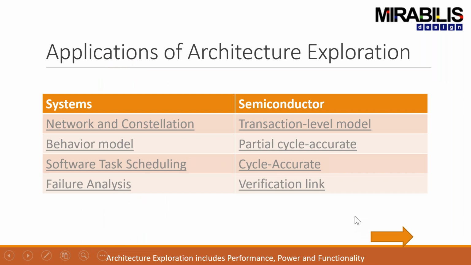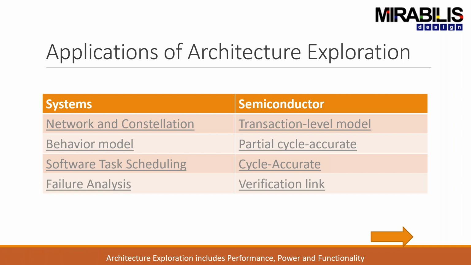Now, one of the questions that's always asked is, do I just do things in isolation? With architecture exploration, you have the ability to bring all the different metrics of interest into the same environment. So for example, on the system side and my behavior, I might bring in that my redundancy is more important or security is more important.